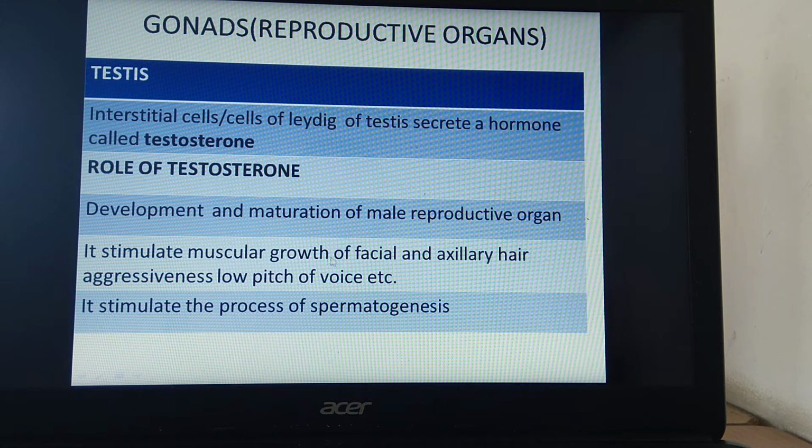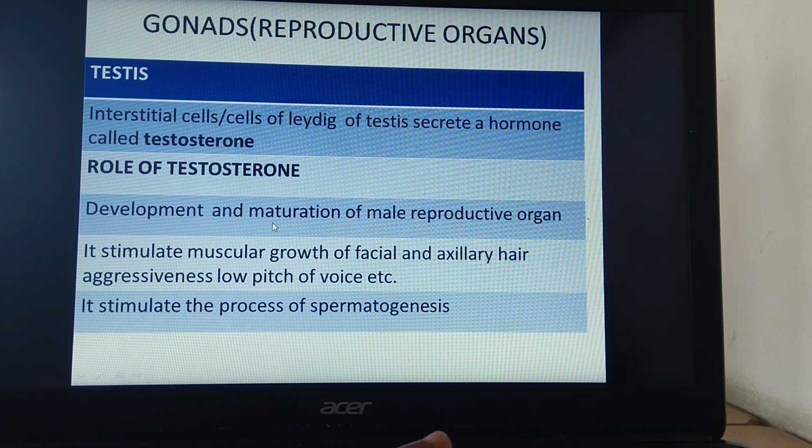Secondly, it stimulates muscular growth, growth of facial and axillary hair, aggressiveness, low pitch of voice, etc. And it stimulates the process of spermatogenesis, that is the process of sperm formation. So we can say that this testosterone is related to development of secondary sexual characters in male individuals.